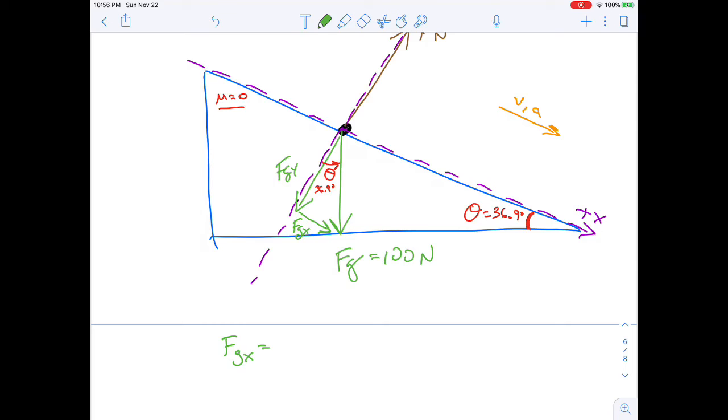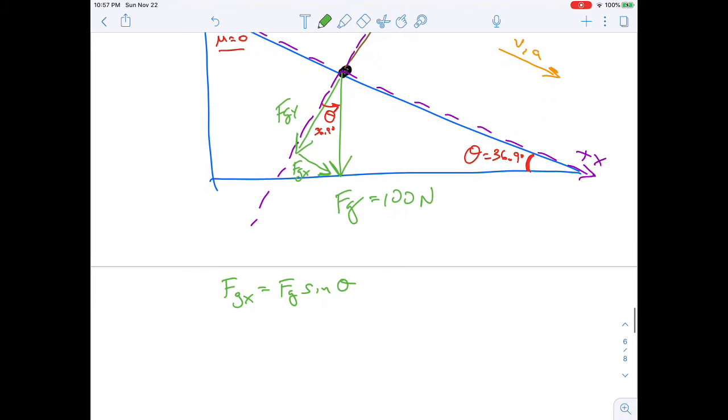So notice the x portion of this gravitation is related to the sine function. A lot of people get caught up in thinking the x component's always the cosine. That's true if you measure off of the x-axis, but we didn't measure off the x-axis. We measured off the y-axis.